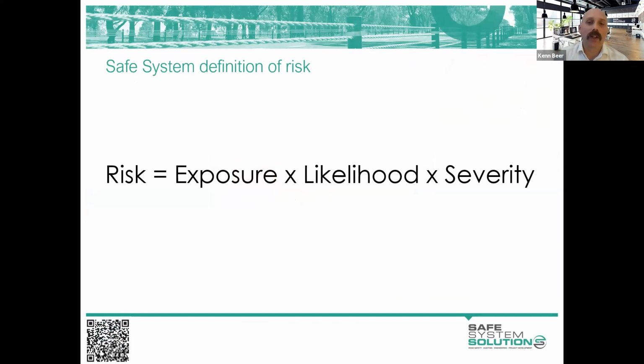Yeah, so exposure, likelihood, and severity, they're the three really critical things to a safe system assessment. And you'll probably be so sick of me saying those three words by the end of this course, but I'm okay with that as long as you actually put it into play in your safe system assessments as you do them.